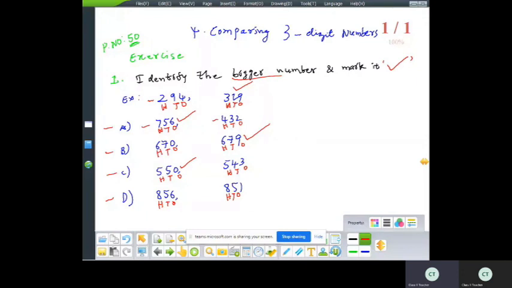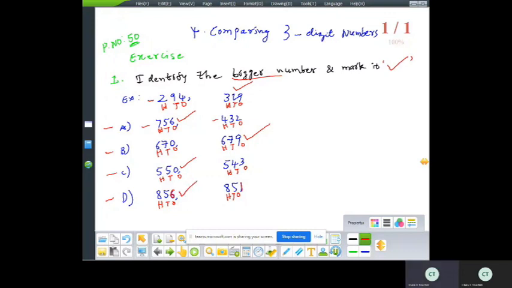Next we go to the tens place, where the digit is 5 and 5. Again, go to ones. The digit in the ones place is 6 and here it is 1. From 6 and 1, which is bigger? 6 is bigger. Then 856 is the bigger number.